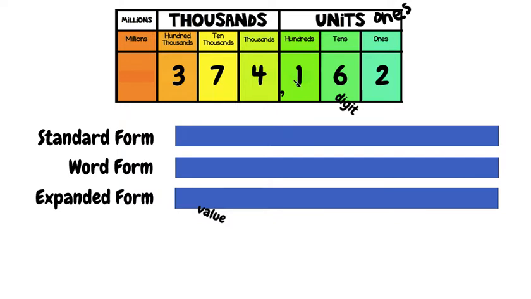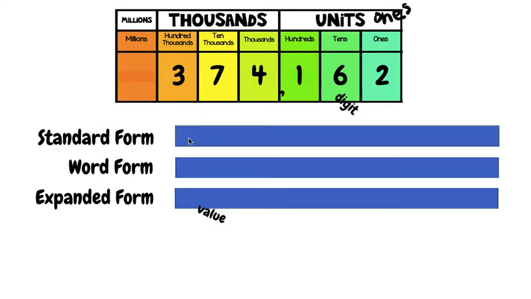How would I say that in any normal context? 162. So if I'm going to say this all together, I have 374, here's my comma, 162. Okay, so 374,162.